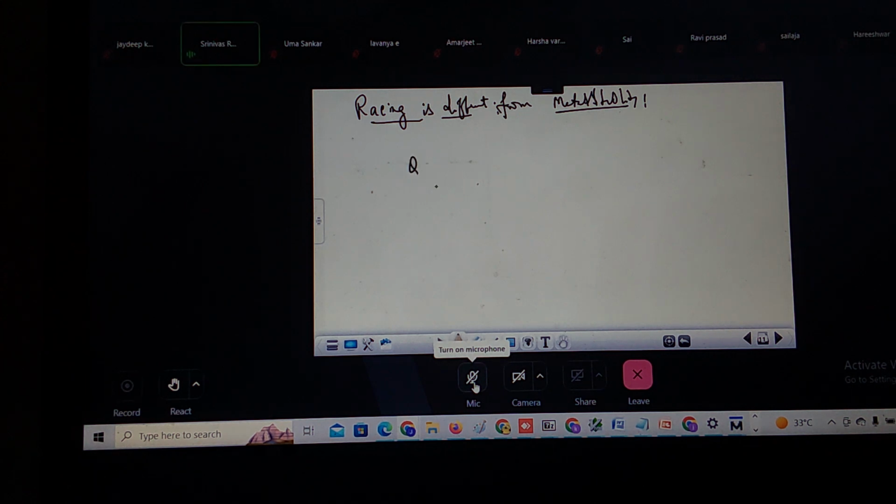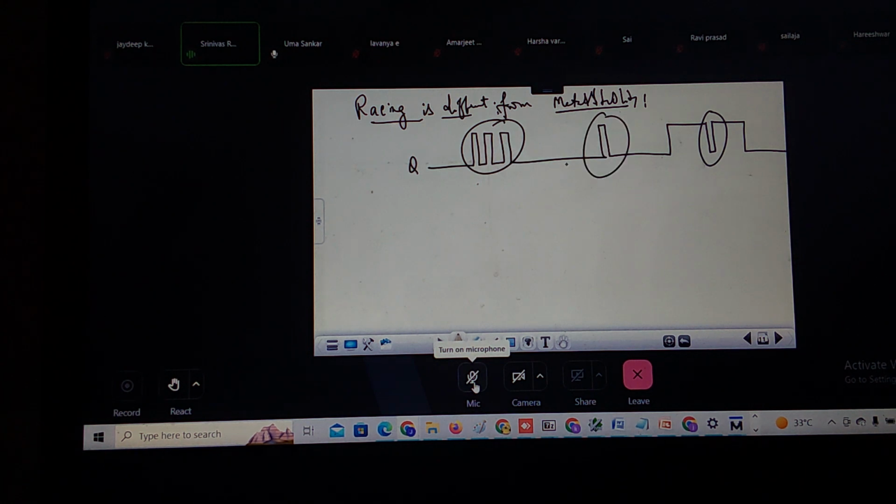The output will be constantly changing like this: 0 to 1, 1 to 0, 0 to 1, 1 to 0. If it is high, suddenly it goes low. This behavior we call a racing behavior. Some bounces happen; we call these bounces, or commonly glitches. A glitch is a narrow unwanted pulse or transient appearing at the output of the circuit.